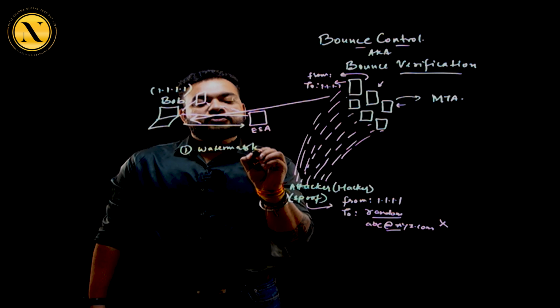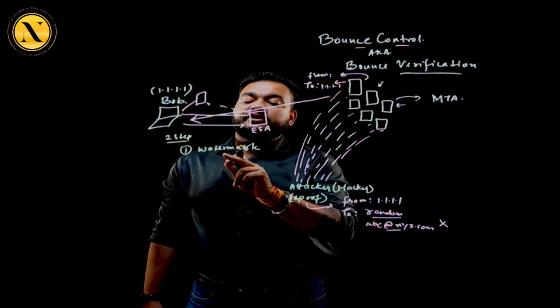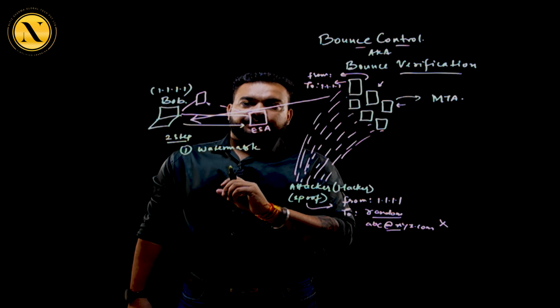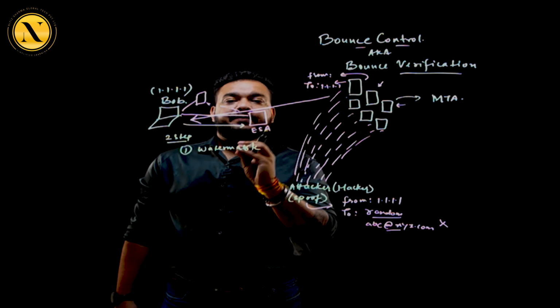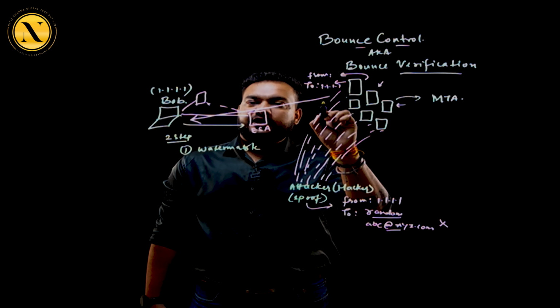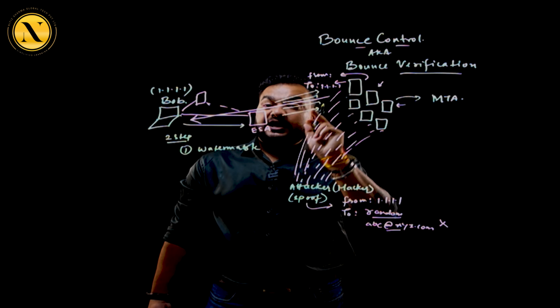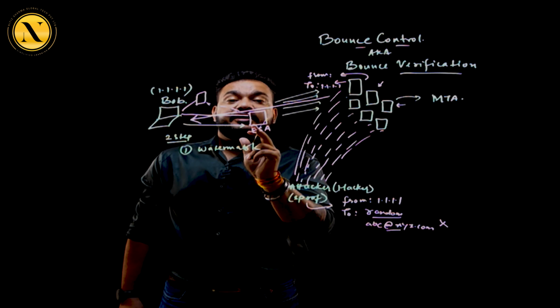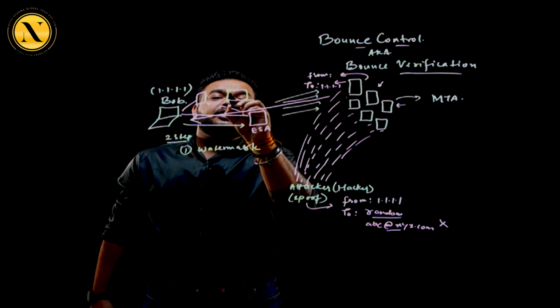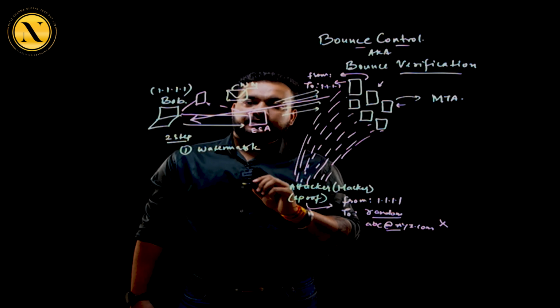There are actually two steps of security which will fulfill this. First is adding the watermark. After grabbing the metadata information from the email, whenever Bob is sending the email outside to any mail transfer agent, ESA will attach a watermark on that email.